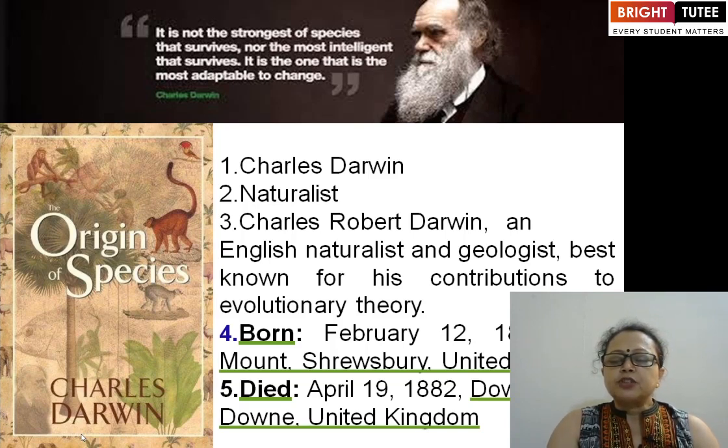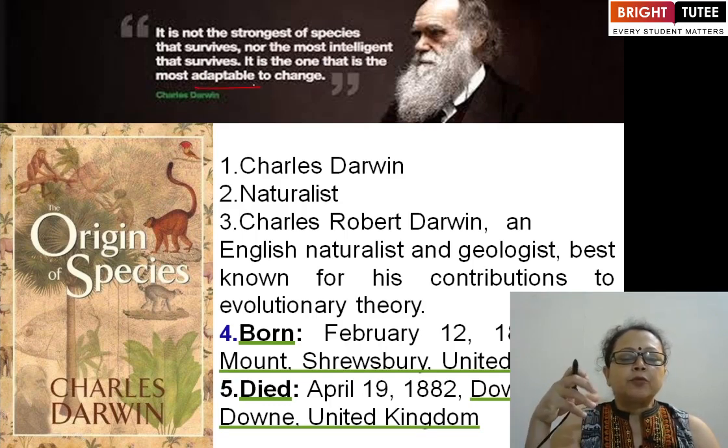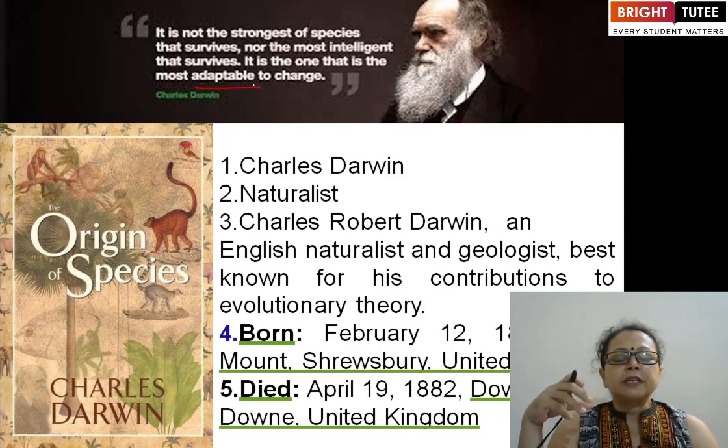It is not the strongest of species that survives, nor the most intelligent that survives. It is the one that is the most adaptable to change. Strongest means strong in body, and that is not necessary for survival.